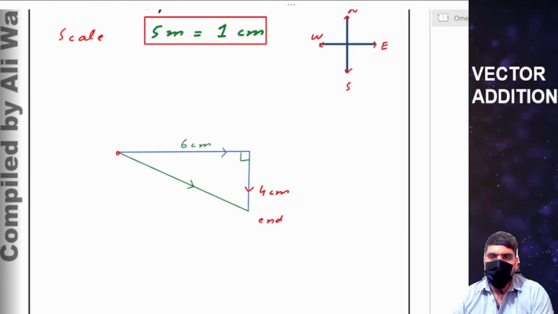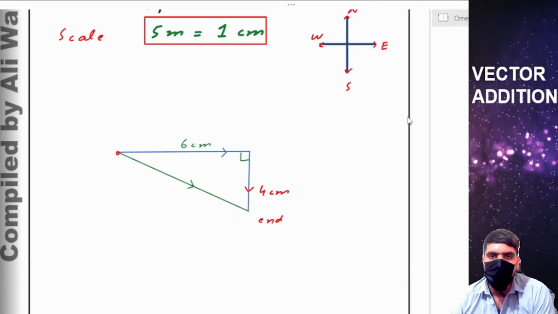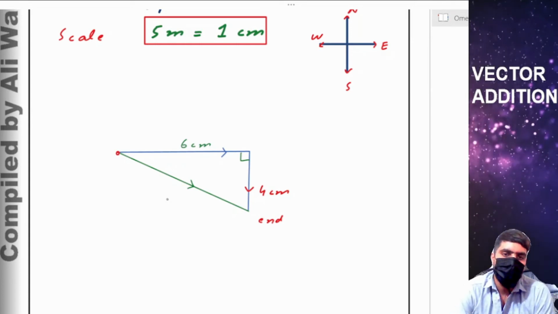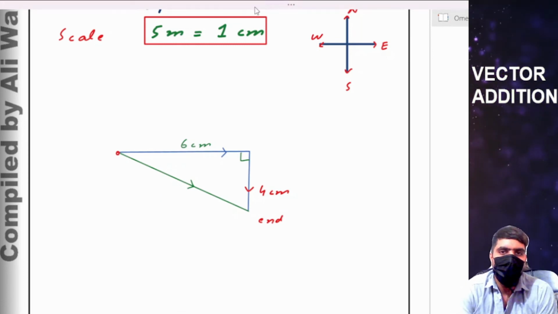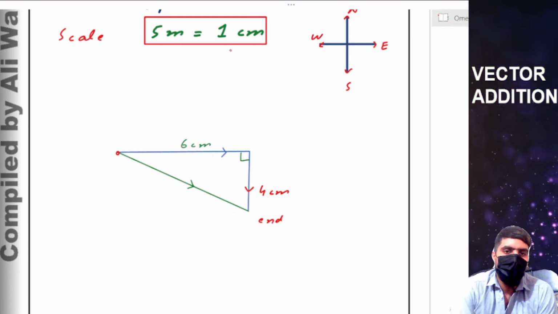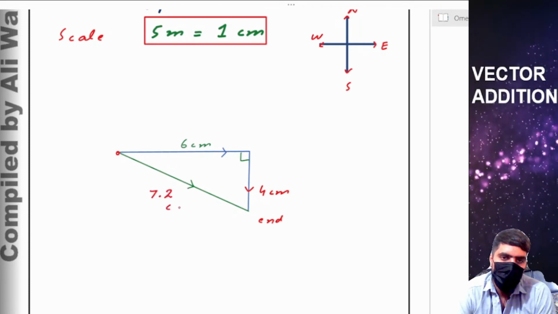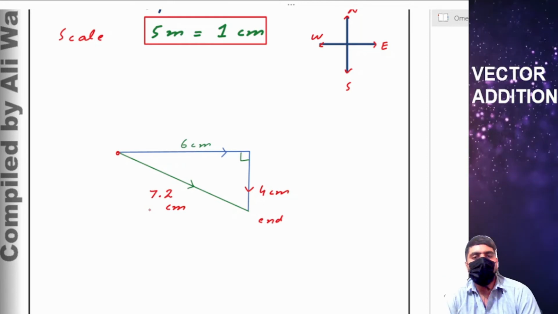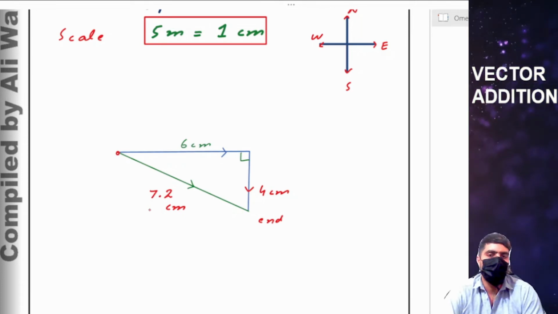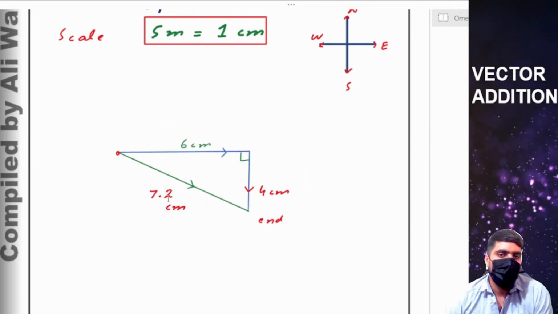So 36 plus 16, and then I have to take square root of it, and that is 7.2. So yeah guys, I didn't use any Pythagoras theorem, I used the ruler, and the length was 7.2 centimeters. Now you can't tell if I have used the ruler or the Pythagoras theorem. Nobody knows. So 7.2 centimeters is the length of this line.